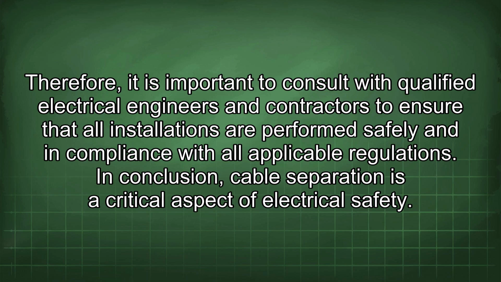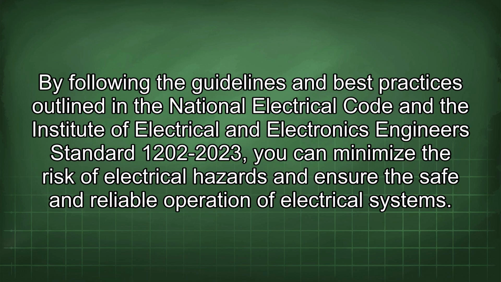In conclusion, cable separation is a critical aspect of electrical safety. By following the guidelines and best practices outlined in the National Electrical Code and the Institute of Electrical and Electronics Engineers Standard 1202-2023, you can minimize the risk of electrical hazards and ensure the safe and reliable operation of electrical systems.